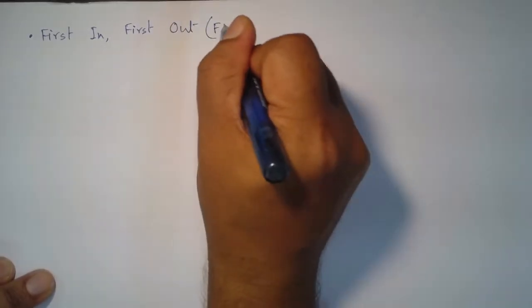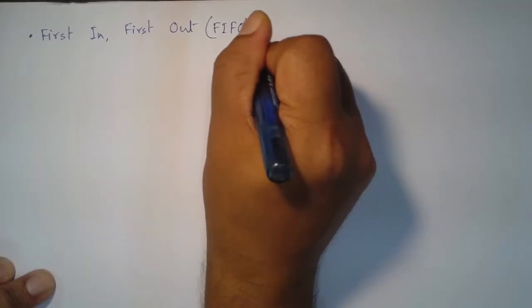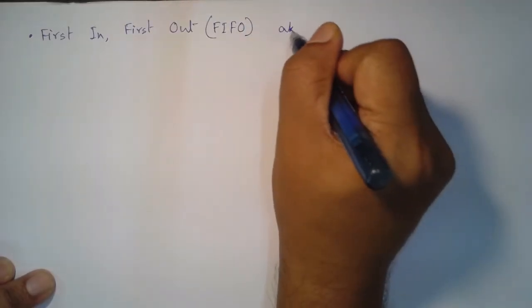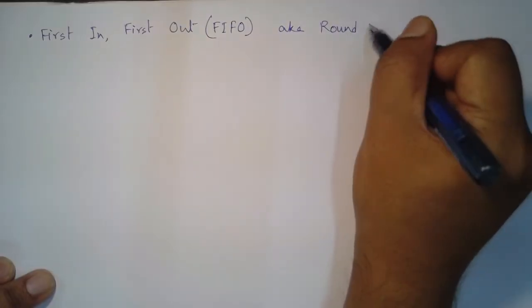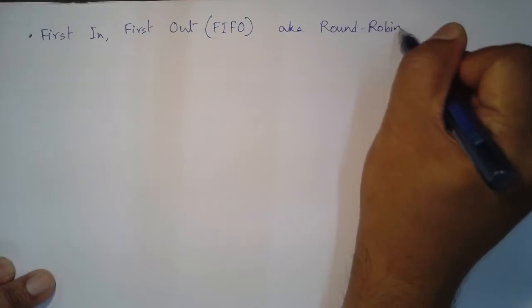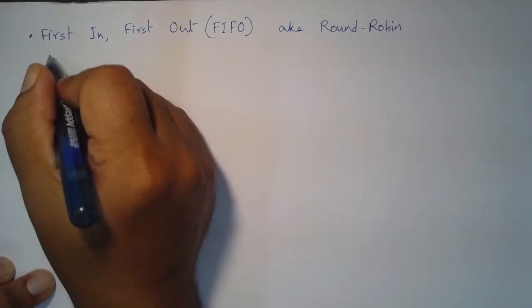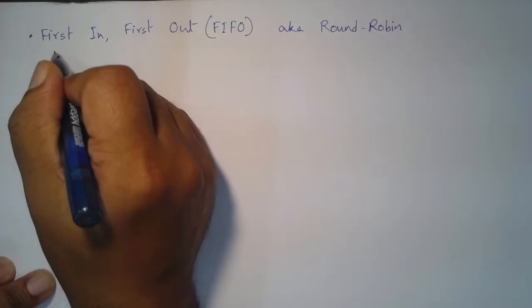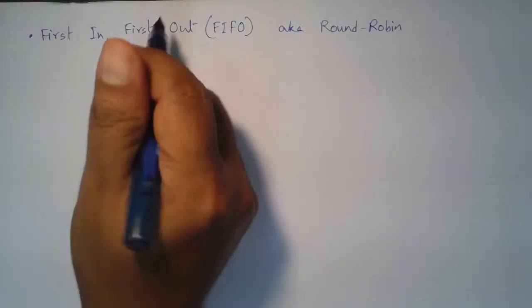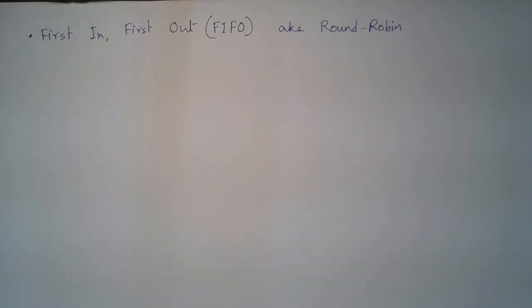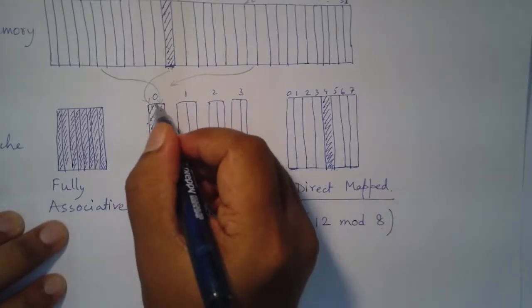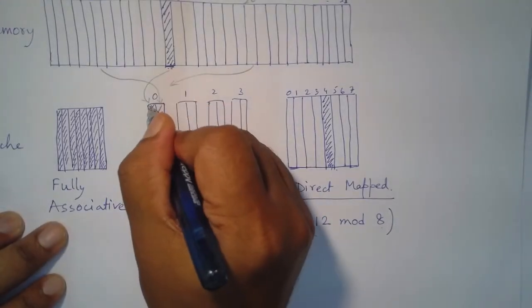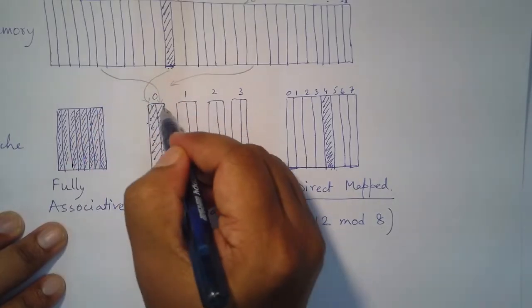So, first in first out or FIFO, also known as round robin. So, what is it? Basically, as you can imagine, if we go back to the same example, let us say the first block which was brought in was number 12, and then block number 4 was brought in.